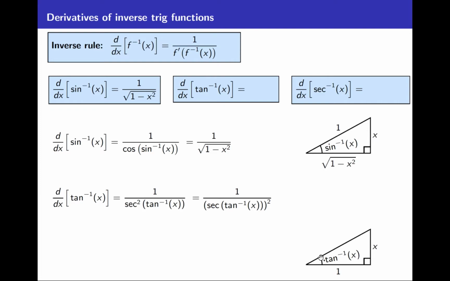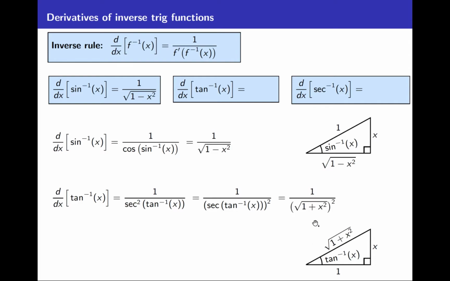Well, remember, secant of this angle would be the length of the hypotenuse, and we can find the length of the hypotenuse by the Pythagorean theorem. It's the square root of 1 squared plus x squared. So the secant of tangent inverse of x that's being squared in the denominator is equal to the square root of 1 plus x squared.